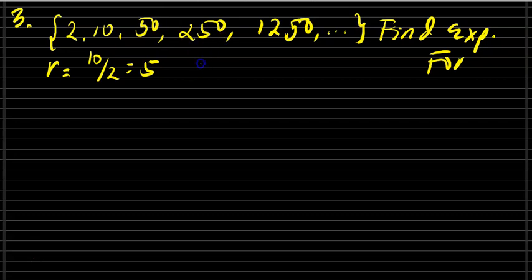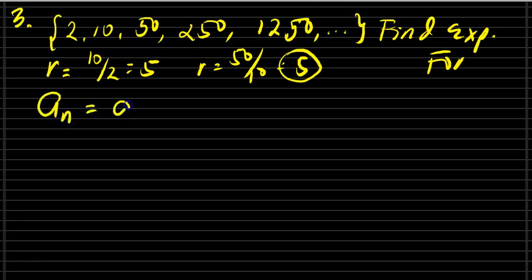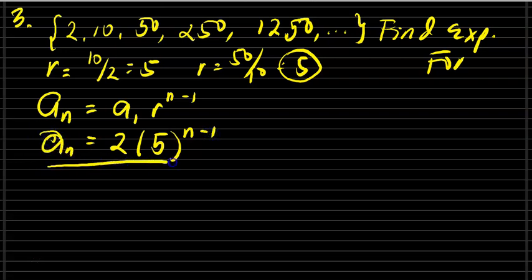Let's confirm that. 50 divided by 10 is also 5. Therefore, our ratio is 5. So going back to our original, a sub n is equal to a sub 1 multiplied by the ratio raised to n minus 1. We're just going to put our a sub 1 in here, which is 2, times our ratio, which is 5, raised to n minus 1. So this is your explicit formula: a sub n is equal to 2 times 5 raised to n minus 1.